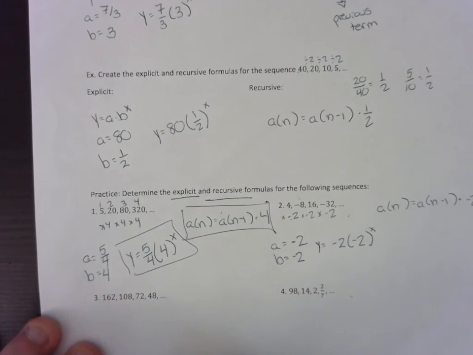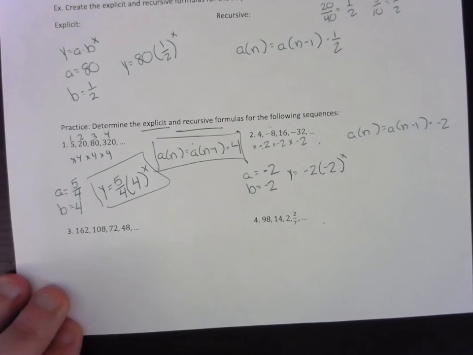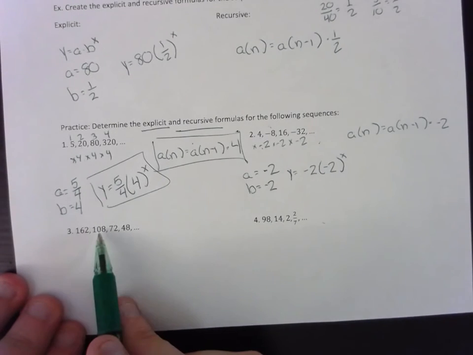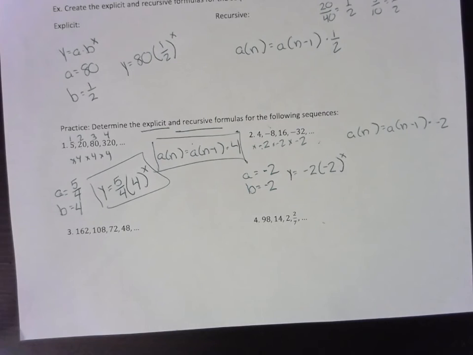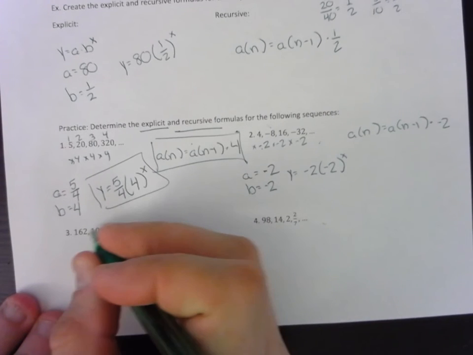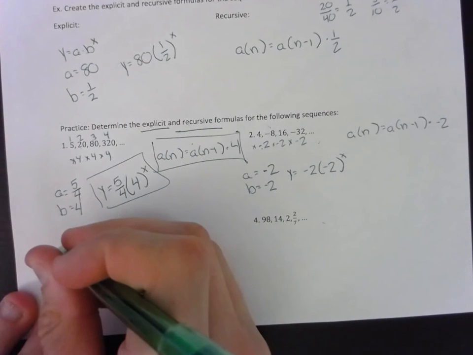Number 3. 162 to 108 to 72 to 48. This may look somewhat different. It's definitely not as crystal clear as the previous ones were. So this is where you have to take your terms and divide them. So actually take 108 and divide it by 162.